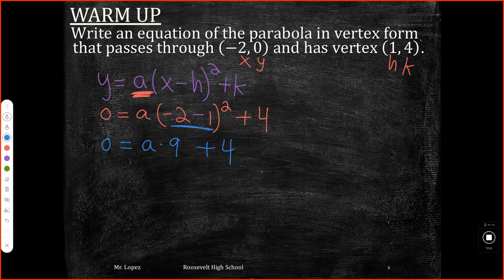We're solving for a, so the next thing to do here is subtract 4. So 0 minus 4 is -4, and that equals 9a. Divide both sides by 9. And so a is -4/9.